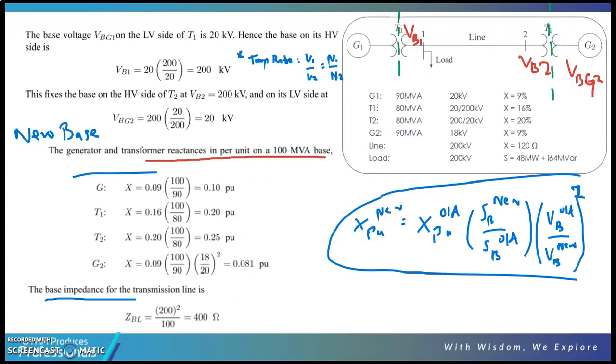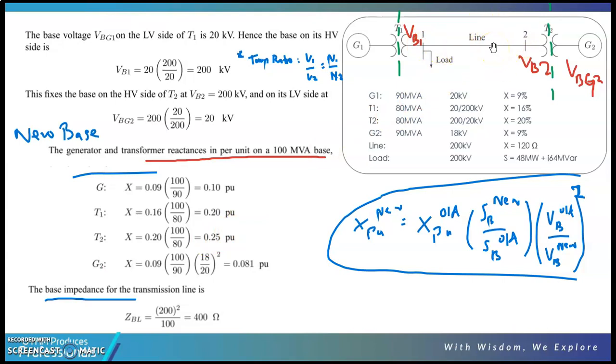Okay, so again I will repeat for this question. First of all, you need to determine all the per unit values for the XG, for transformer 1, transformer 2, and for generator 2. And then you need to determine the per unit value for the transmission line.